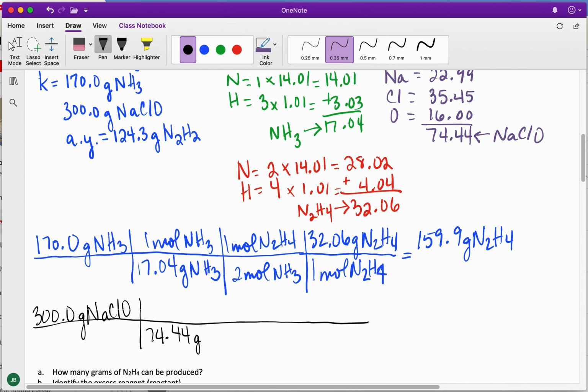All right, so there's a 74.44 grams of the sodium hypochlorite in 1 mole of that substance. Now we're going to do our mole ratio. So we see that we're going to have 1 mole of NaClO for every 1 mole of N2H4.